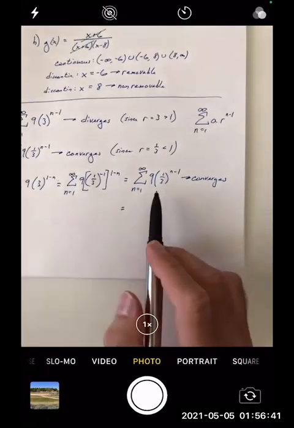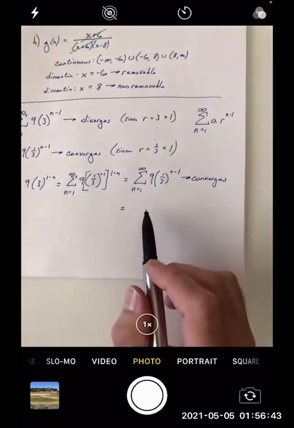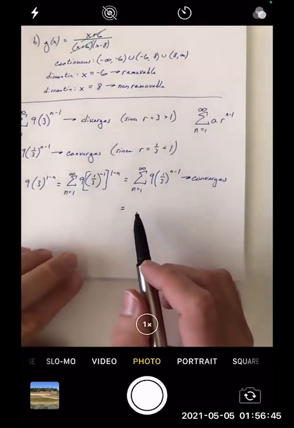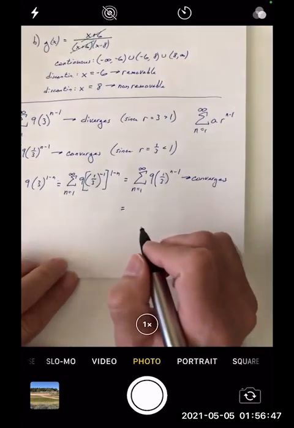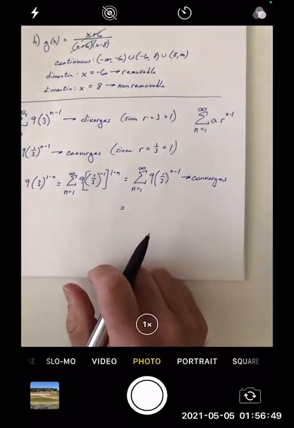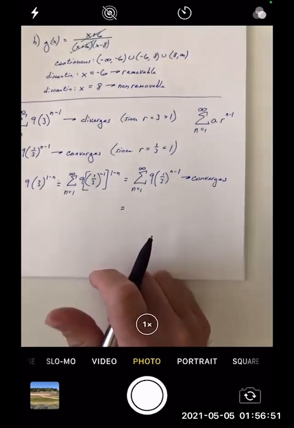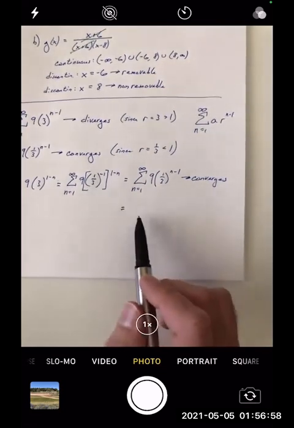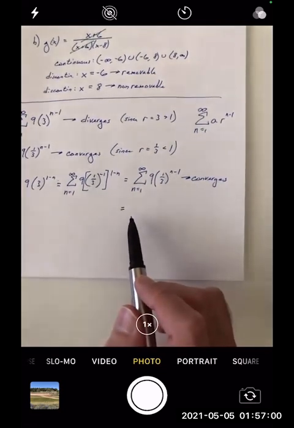Okay, now just for practice, let's figure out what it converges to. Do you remember the formula? If it's a convergent geometric series, an infinite series, it has a nice little formula that you can use to figure out the sum.